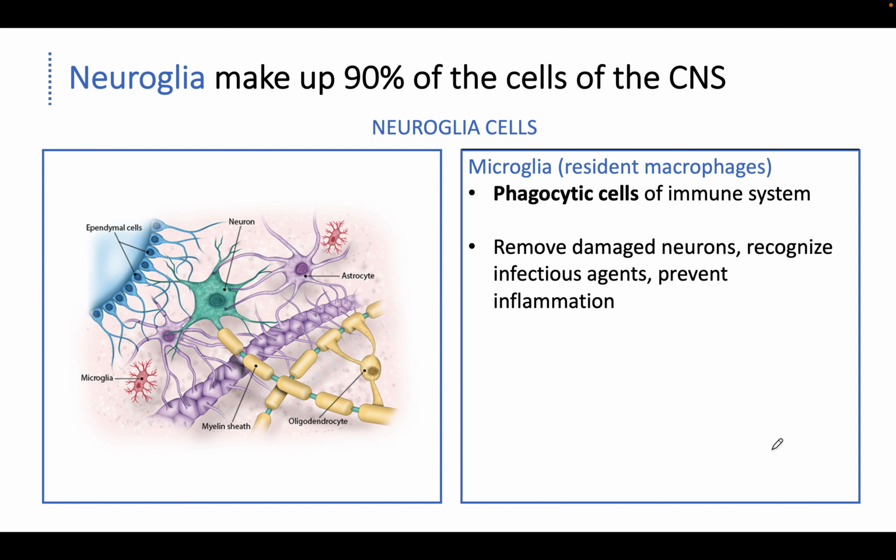And so in our central nervous system, we have cells that do very similar things, and these are called microglia or microglial cells, right? And these are part of the immune system. They're a phagocyte, so they engulf and they eat. You can kind of think of cell eating foreign cells, dead cells, old cell parts, and debris.